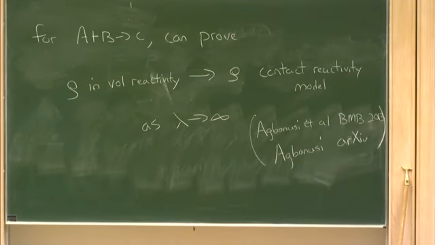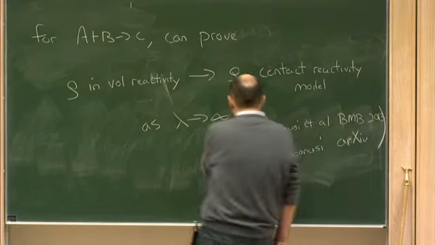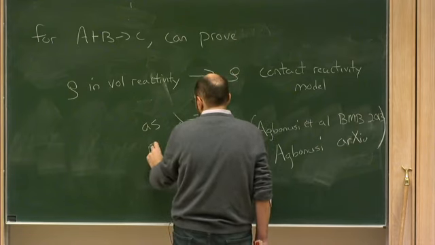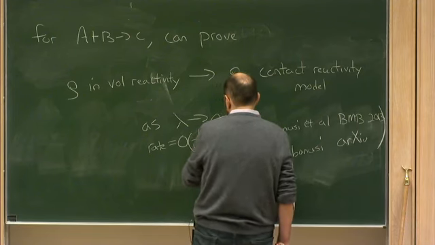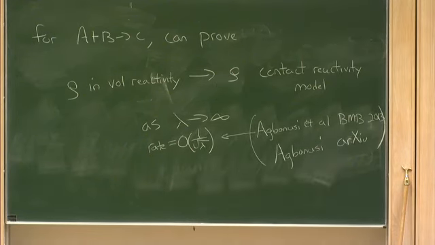But there's still a number of open questions. In the special case, he could show that the rate of convergence is like 1 over the square root of lambda, but it's not clear if that holds in general.